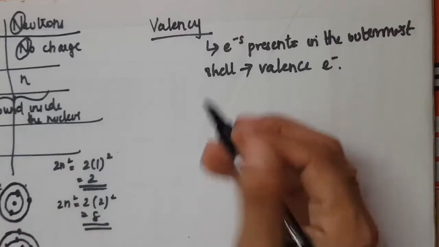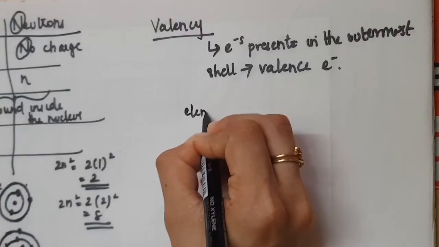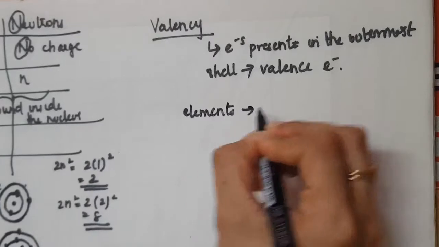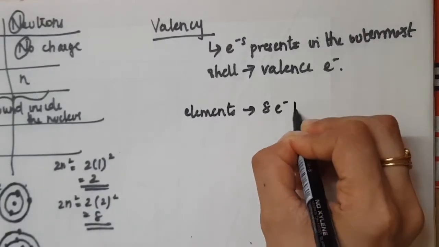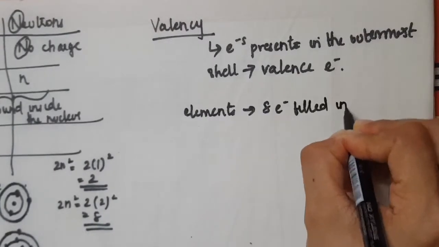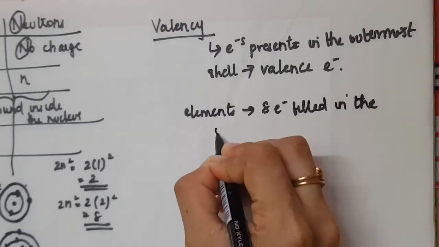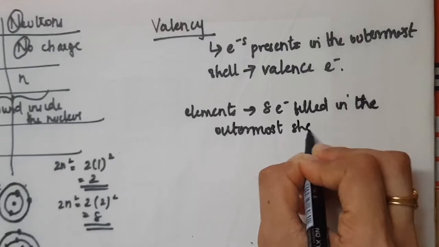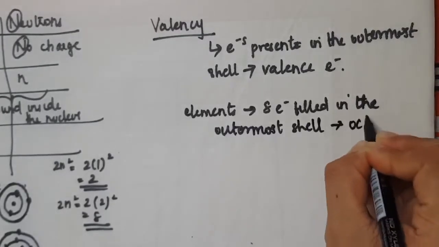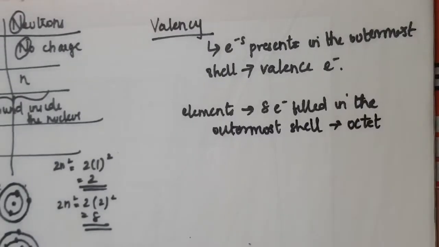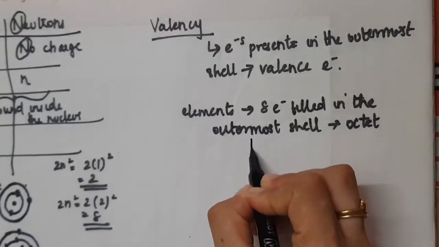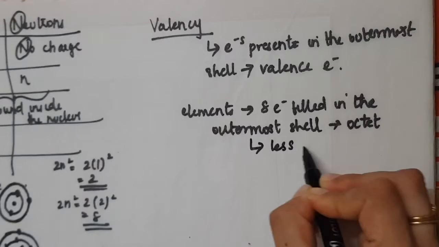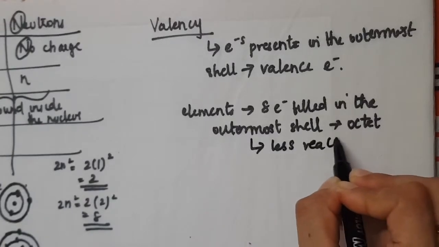So the elements which had 8 electrons filled in the outermost shell were called octet elements, and these octet elements were also found to be less reactive.